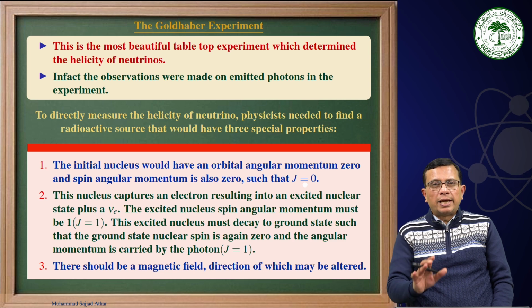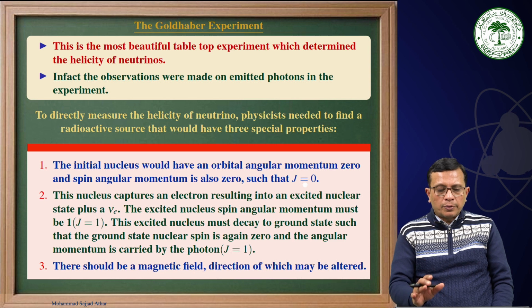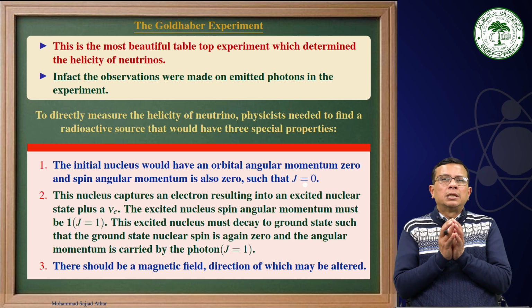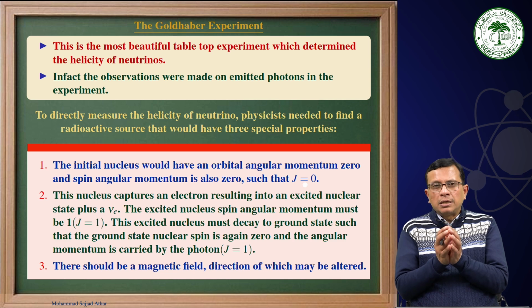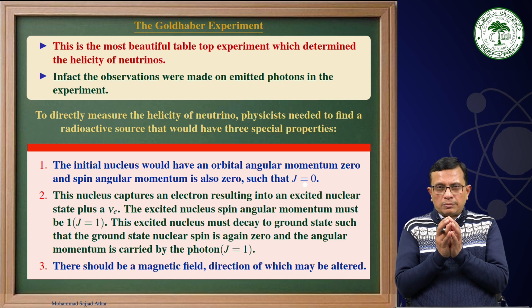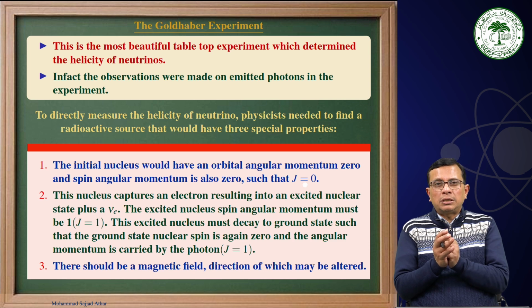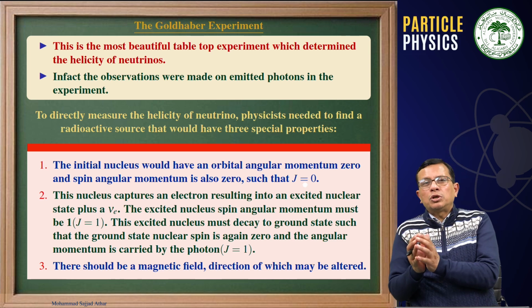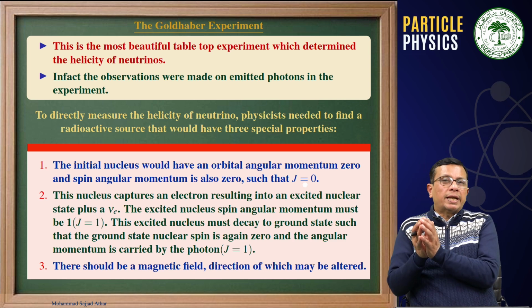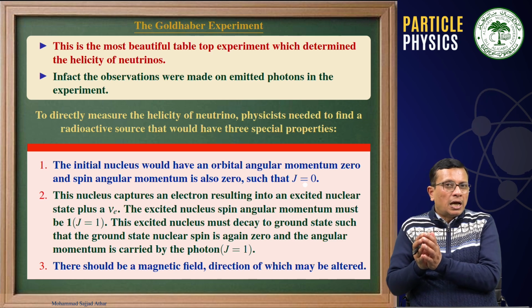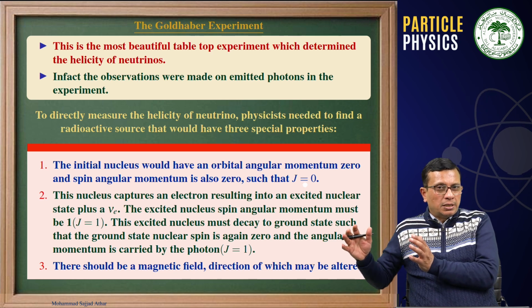Therefore, this experiment is very interesting. What we are talking about is a nucleus, first in the ground state having angular momentum 0, which absorbs an electron, goes into another nucleus in an excited state, an angular momentum 1 state, and a neutrino gets emitted.